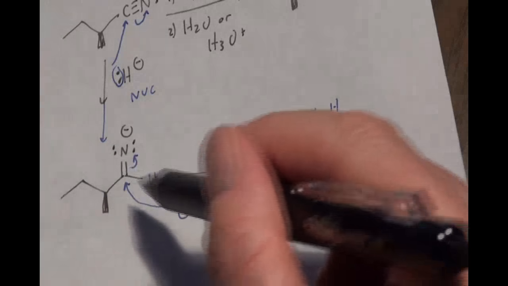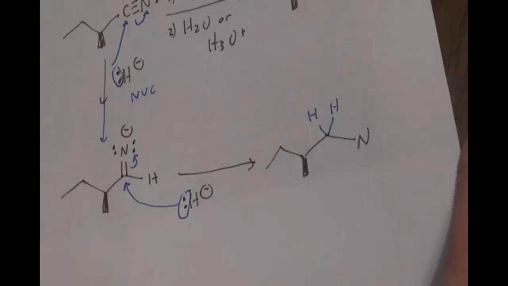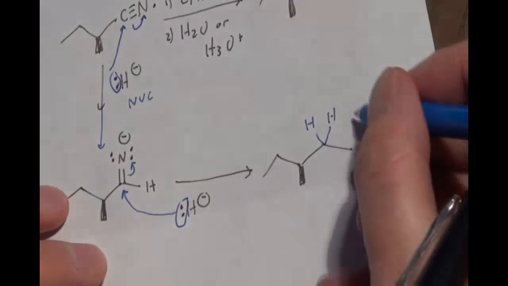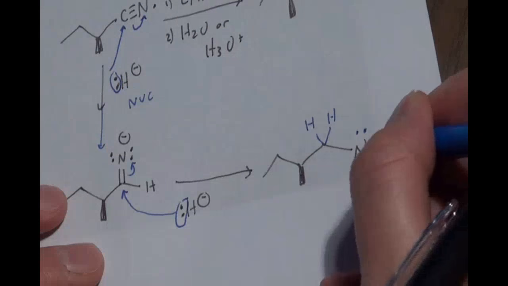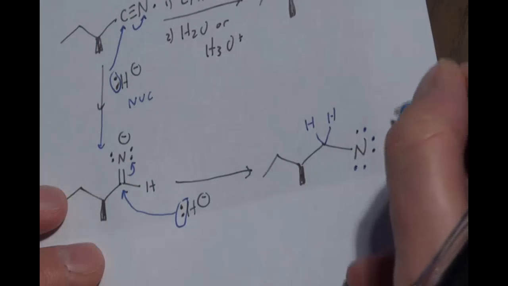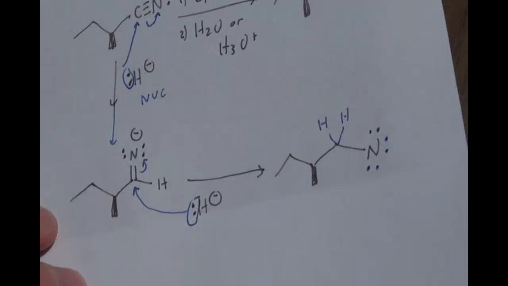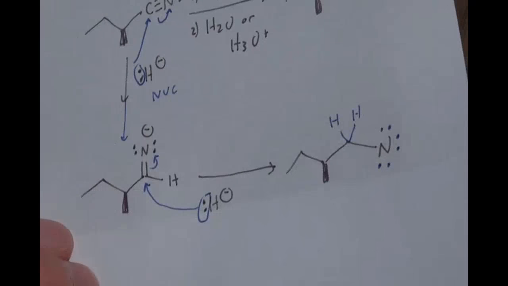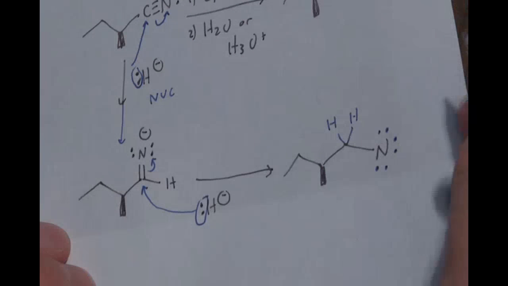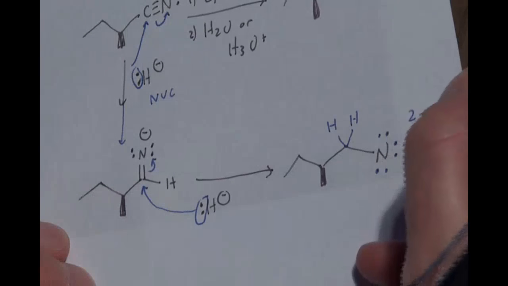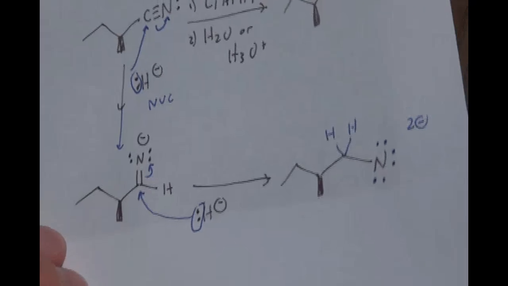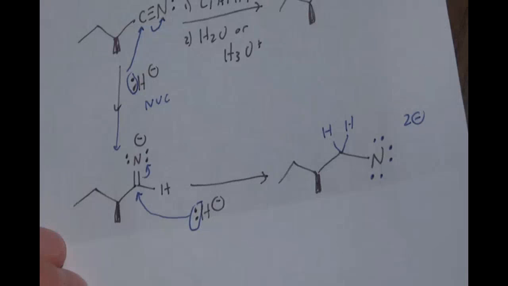H minus attacked carbon and pushed onto nitrogen. This must look really weird because we had 2 lone pairs. Now how many do we have? 3 lone pairs on nitrogen. That's weird. What do you think the charge on nitrogen will be? The charge on nitrogen, it was -1, now it's -2. So we say 2 minus. It's doubly negative, which is weird.